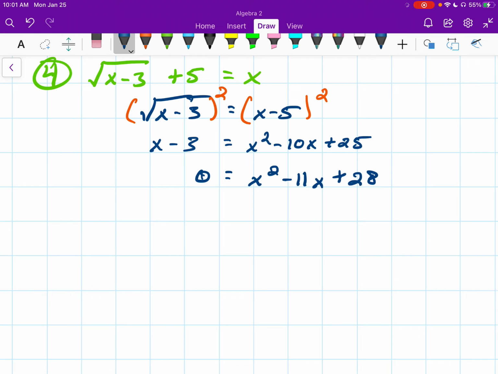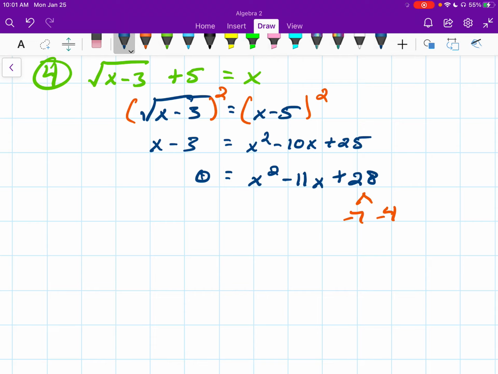Now, if you remember correctly, we need 2 numbers that multiply to 28 and add to be negative 11. So normally I like to do a little factor tree here and find what can I multiply to be 28 and add up to be 11. 2 things that multiply to 28 are 7 and 4. And we want them to add up to negative 11, so I'm going to make them both negative.